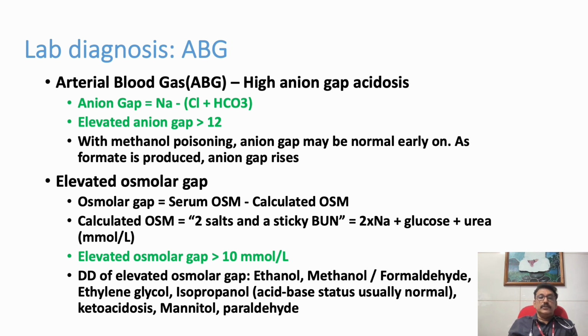So ketoacidosis and mannitol, paraldehyde also can produce high osmolar gap acidosis. So it is not very easy to diagnose these things only by these formulas. We have to have very good clinical findings to tell whether this patient is having alcohol intoxication, alcohol-induced problem, methanol, and a strong backup should be there from the toxicology lab also.